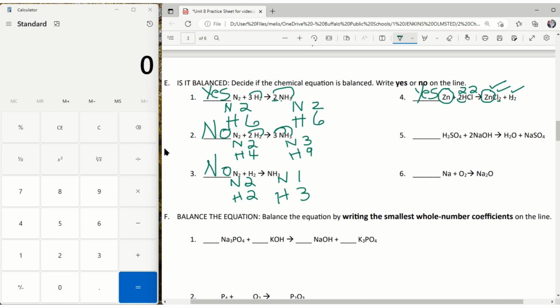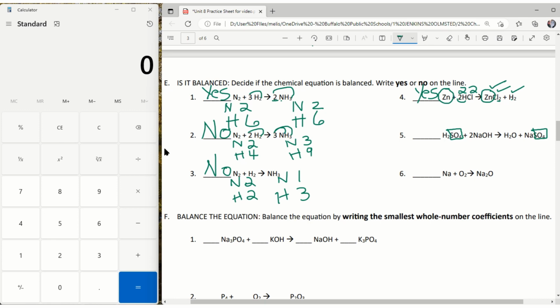Let's look here. So how many hydrogens? Well, here's where it's complicated and you have to be careful. So I'm going to save the hydrogen for last. What I'm going to do first is, do you see I have SO4 as a whole chunk, and then I have SO4 as a whole chunk here.